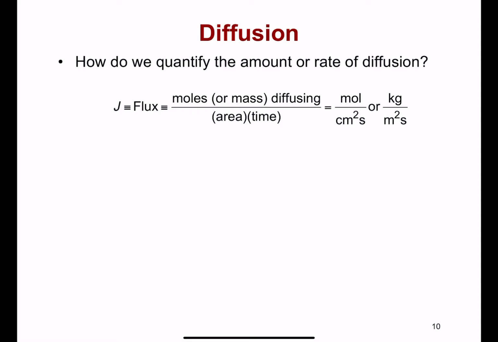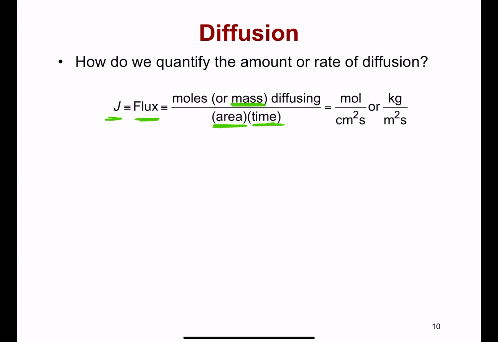This gives us the diffusion equation with the idea of J, or flux. Flux has to have an idea of mass moving across an area, so it's mass per area, and how long it took for that to happen. So mass per area per time is the way we calculate the flux for diffusion.